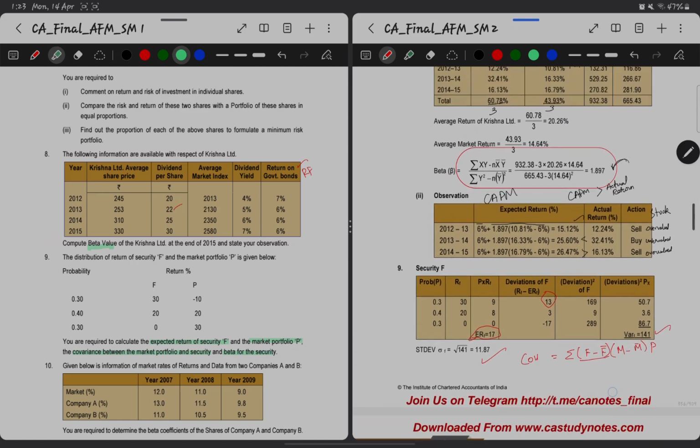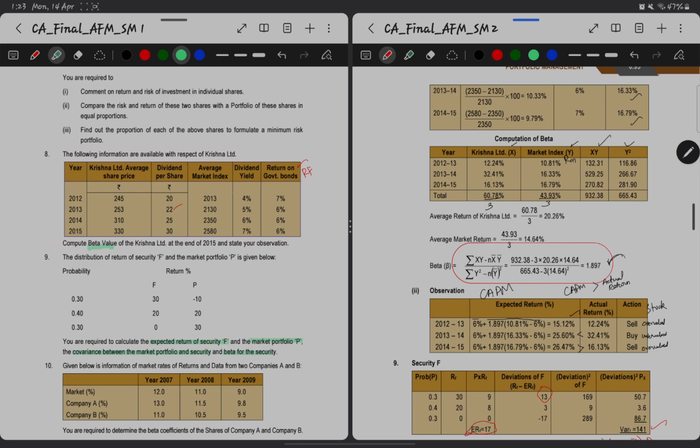If probabilities are not there, then we can go ahead with this simple regression method, wherein the summation of the security's return multiplied by market return, minus number of items multiplied by the expected return multiplied by the expected market return, divided by the summation of market return square minus the number of items multiplied by the expected return square, which will give us the beta.